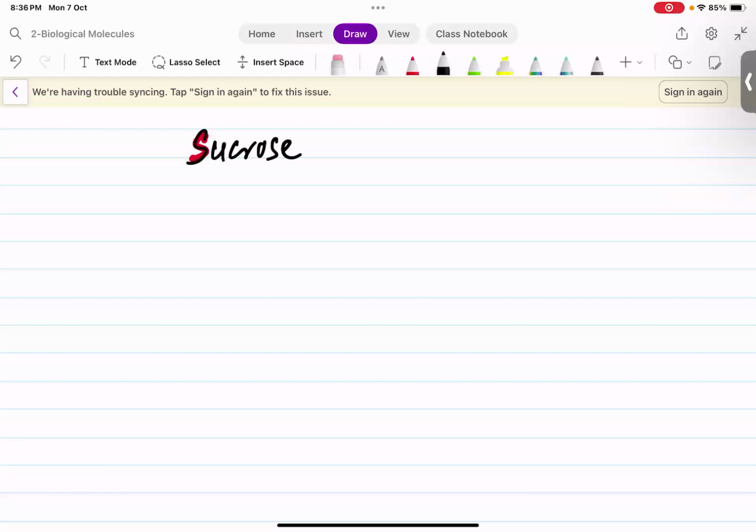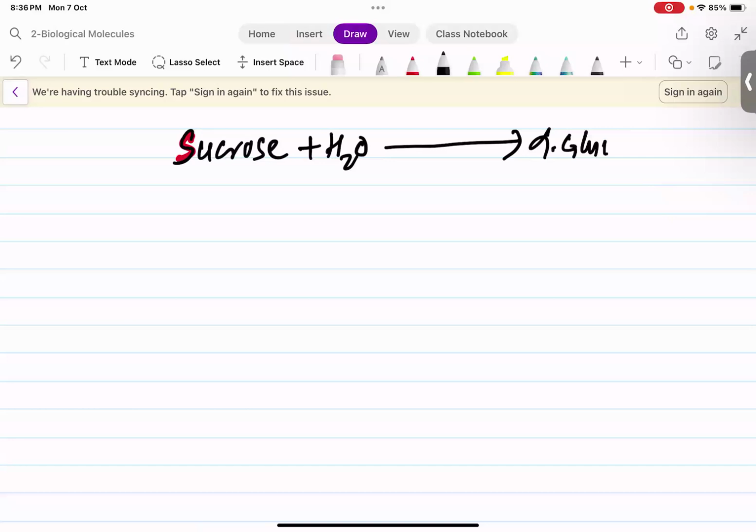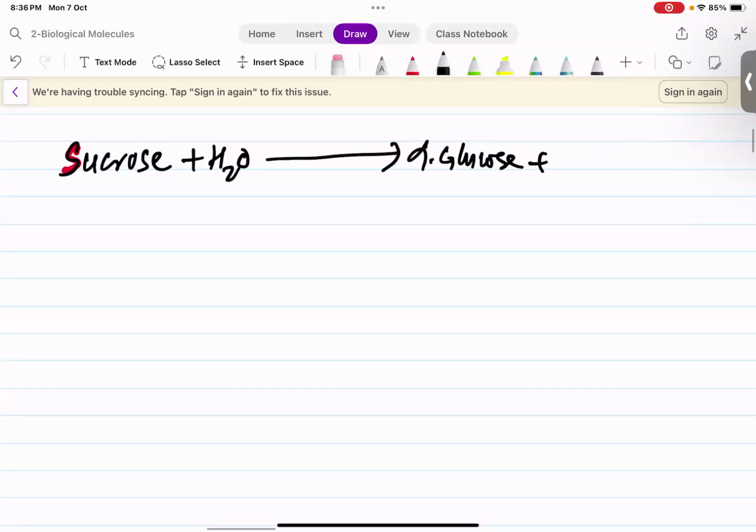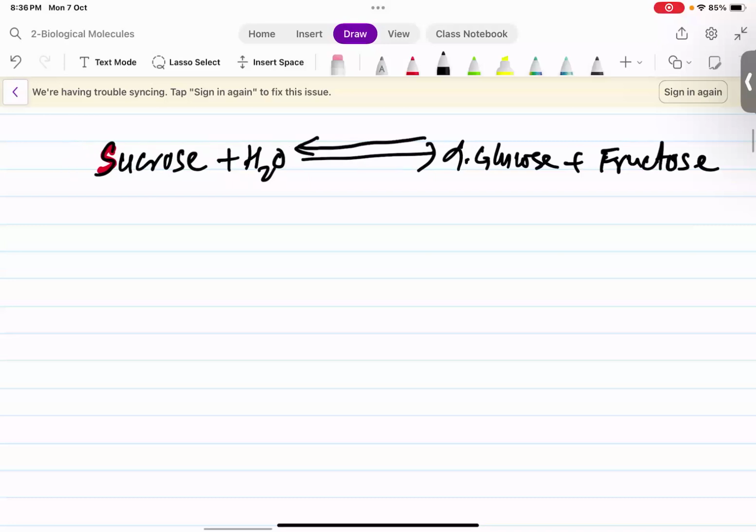Sucrose is a disaccharide which, upon hydrolysis, if it is broken down, would break down into an alpha glucose and a fructose molecule. And these two molecules are joined by condensation to make sucrose and a water molecule again.